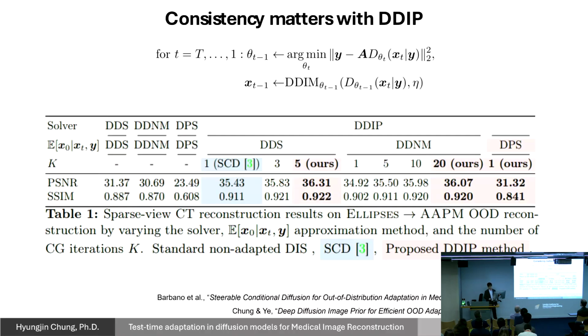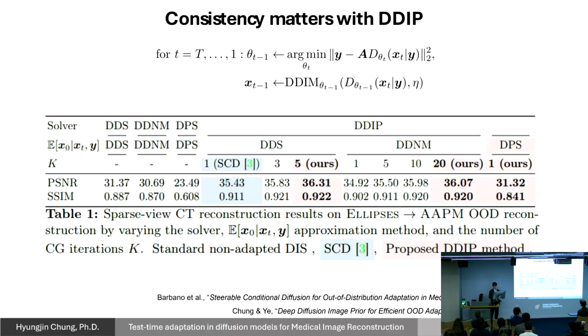One of the crucial components that we found important for maximizing the performance of DDIP was the use of the same conditional posterior mean estimate for D_theta of t. There's a previous work called steerable conditional diffusion, and a lot of people ask what the difference between DDIP and SCD is.